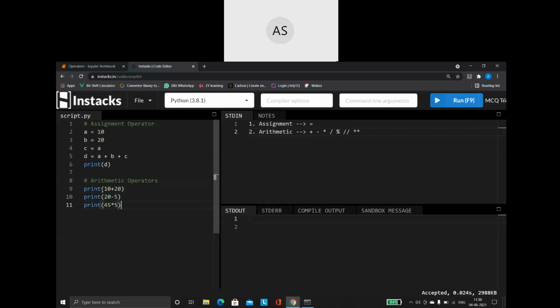Now, the key point to remember here is with regards to the division operator. Whenever I am using the division operator, I am saying 7 divided by 3. Now see the result of it. Let me add an empty print statement here, so I'll have a blank line in between.